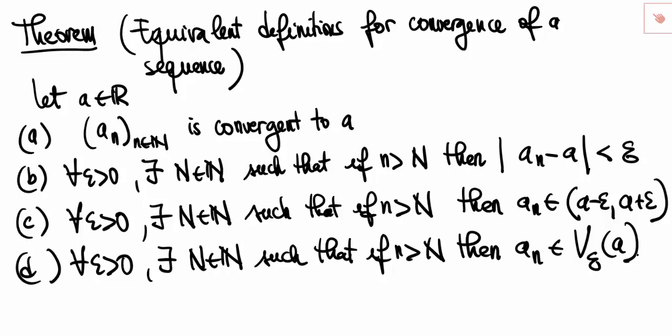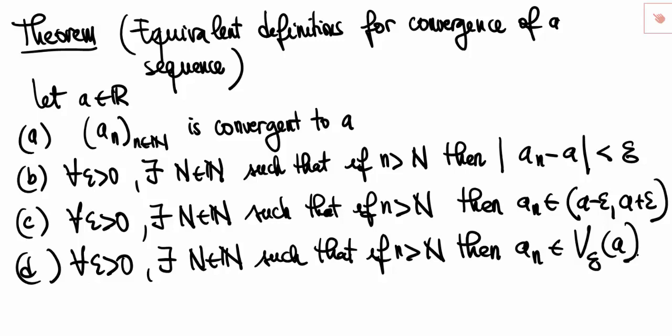So really, coming back to what we've discussed before, the idea here is the following. If a sequence is going to be convergent to A, if for any prescribed value epsilon, one can find a natural number capital N which is sufficiently large so that as long as an index little n is bigger than capital N, then the distance between the nth term of our sequence and A is no more than epsilon.